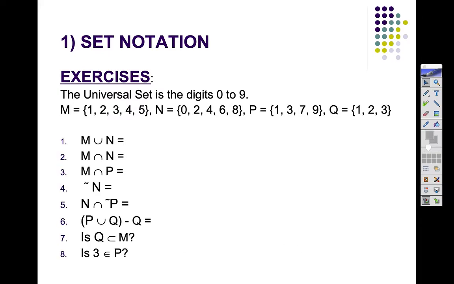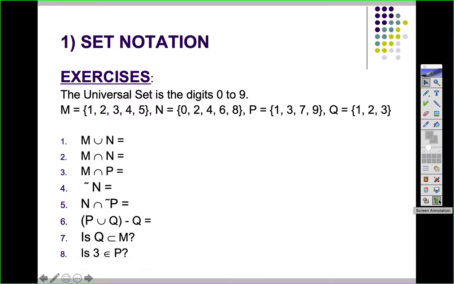Notice how they say the universal set here is just the numbers 0 to 9. So that's good for us. It means we don't have to think about anything other than 0 through 9. And we're just going to use these sets, M, N, P, and Q, and the fact that the universe is just 0 to 9, meaning the universe is just 0, 1, 2, 3, 4, 5, 6, 7, 8, 9.